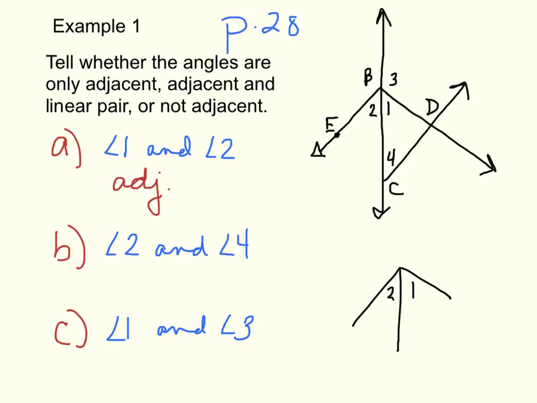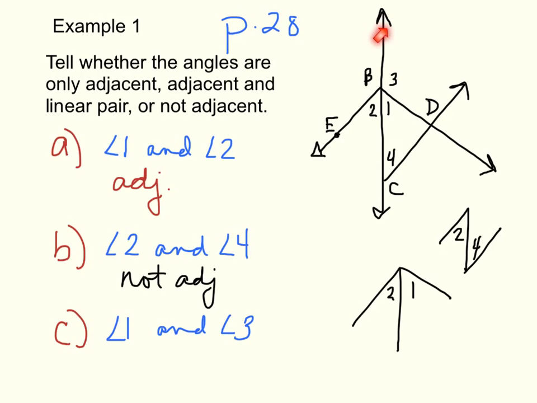All right, the next one is angle 2 and angle 4. So angle 2 right here and angle 4 right here. Angle 2 looks like it's going to be right here and angle 4 right there. Well, they share a common side, but they do not share a vertex. Therefore, they are not adjacent. And if they're not adjacent, they can't be a linear pair. And lastly, 1 and 3.